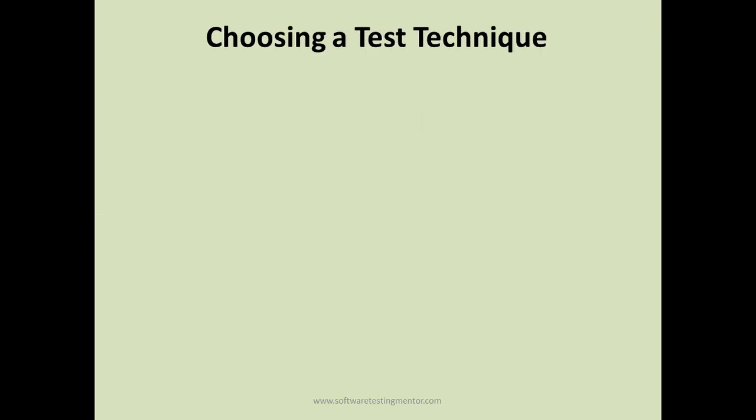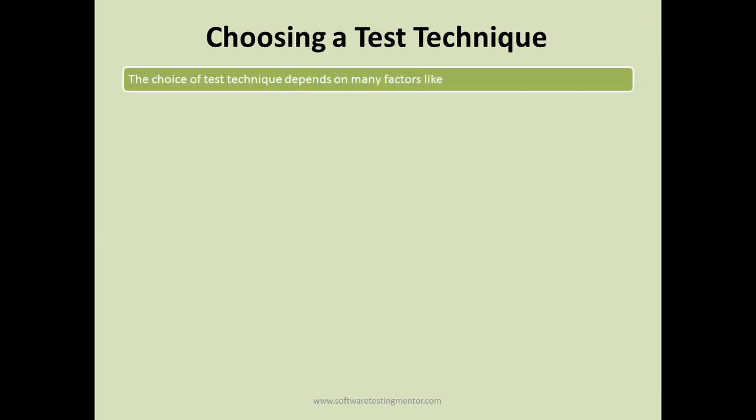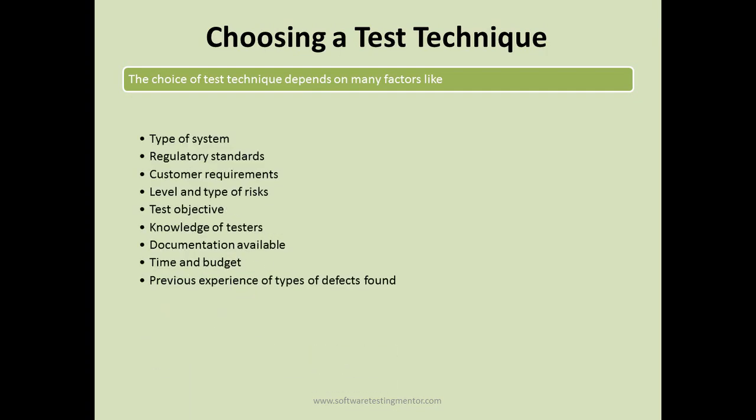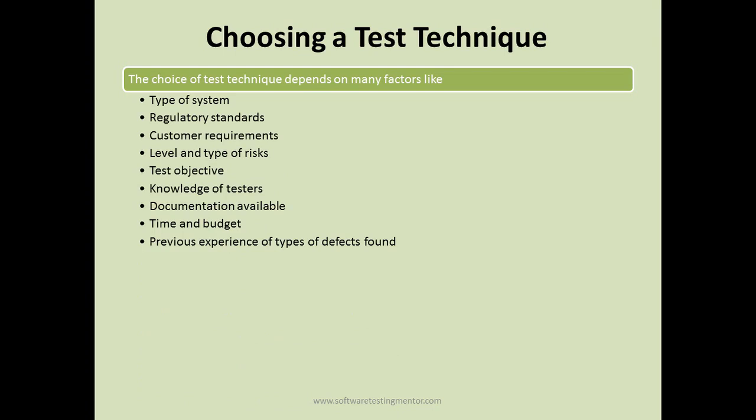So let's get started. The choice of test technique depends on many factors. What are the factors that affect the choice of test techniques? These are some of the factors on which the choice of test technique depends.